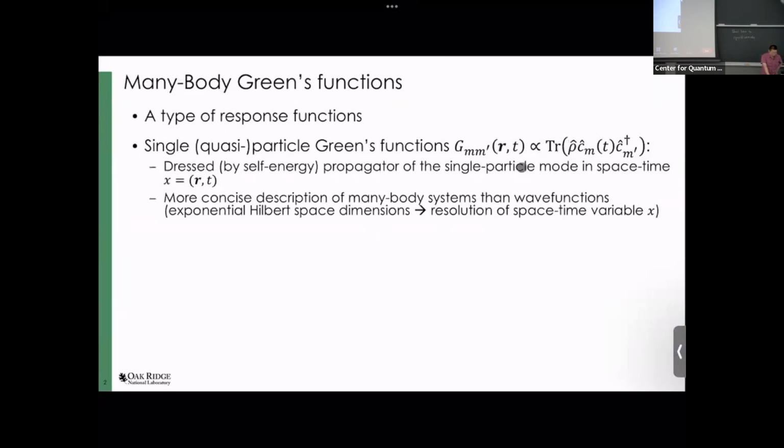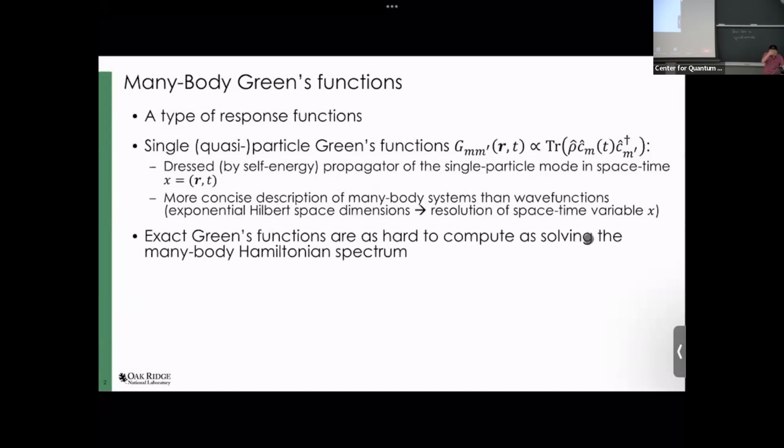So the propagator is dressed by the self-energy of the single particle mode in the space-time. This description is more concise than the wave functions because the exponential Hilbert space dimension is replaced by the resolution of the space-time variables x here.